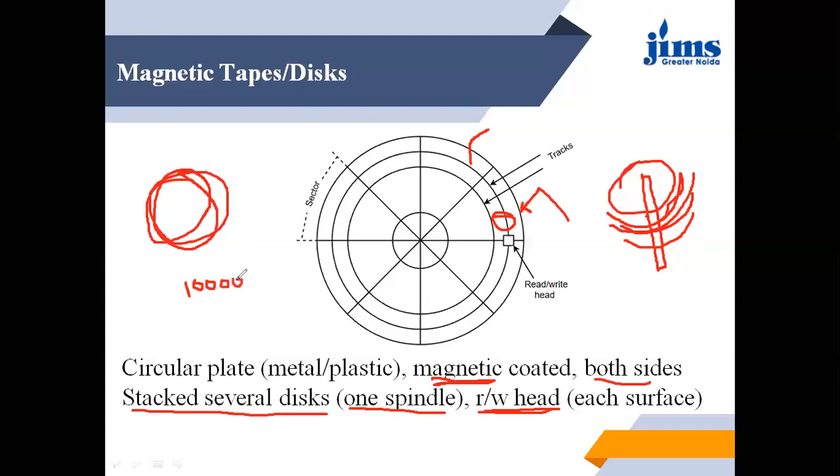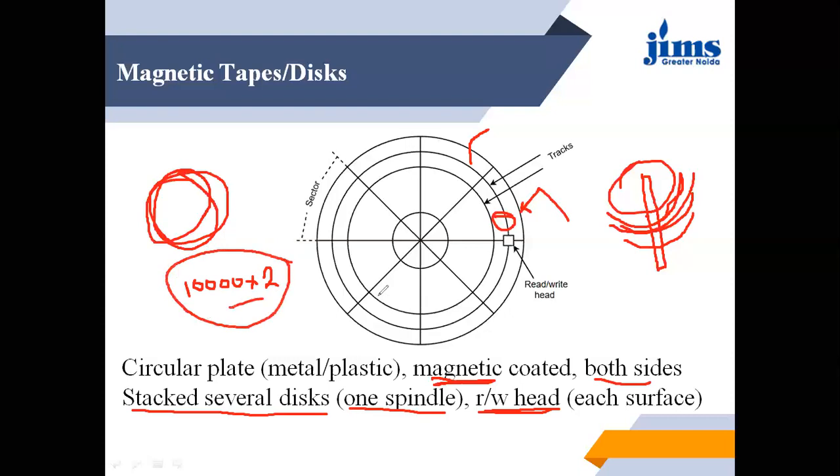So this is multiplied by 2, and there are read and write heads on both surfaces of the disk.